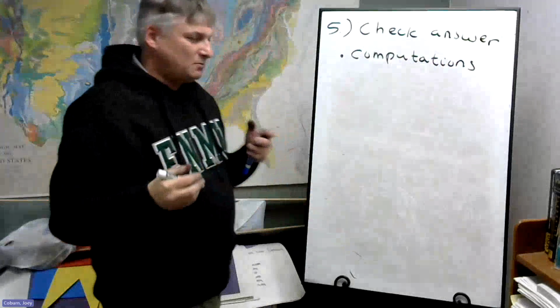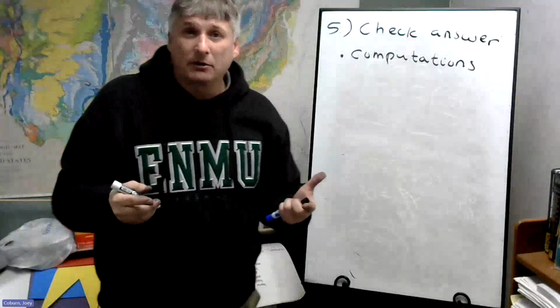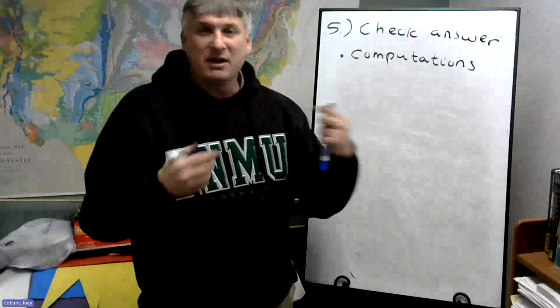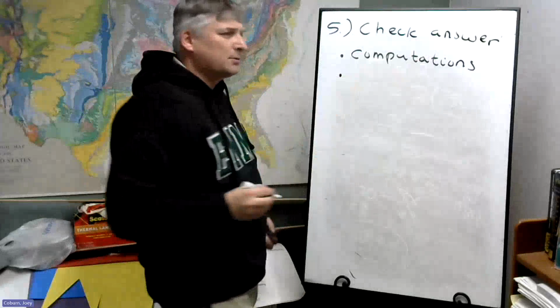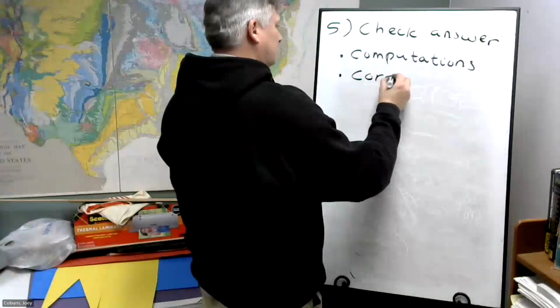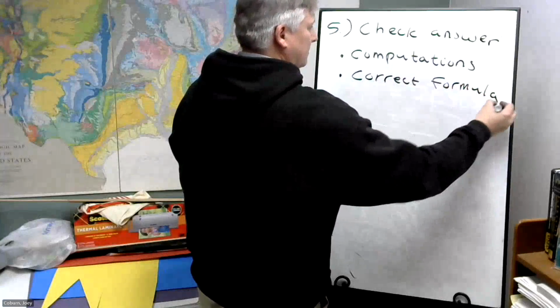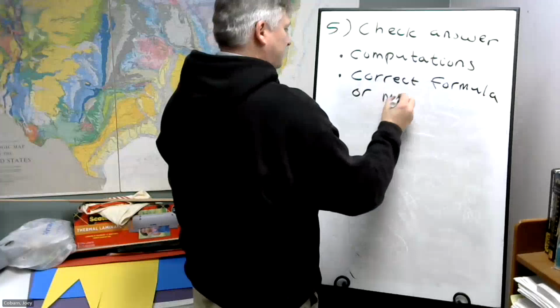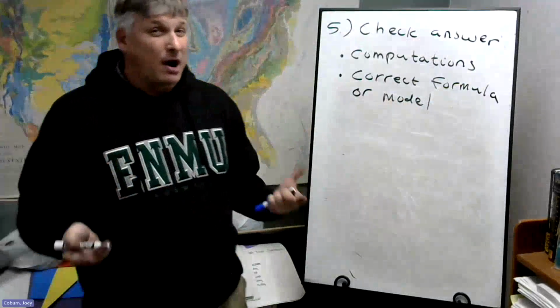Hopefully we didn't make a computational error, or when we're solving, we didn't make an algebra error. Another one, some of these problems require the use of formulas. We want to double check the formula or the model.